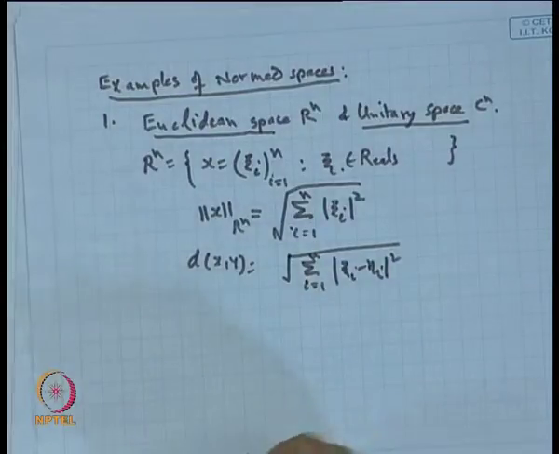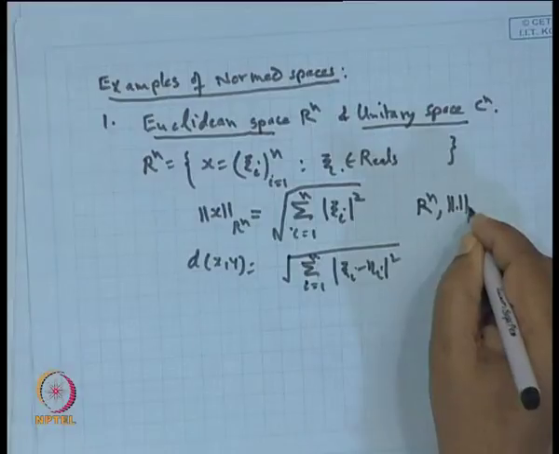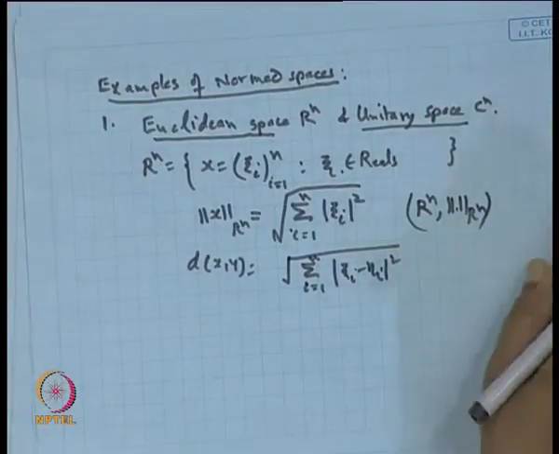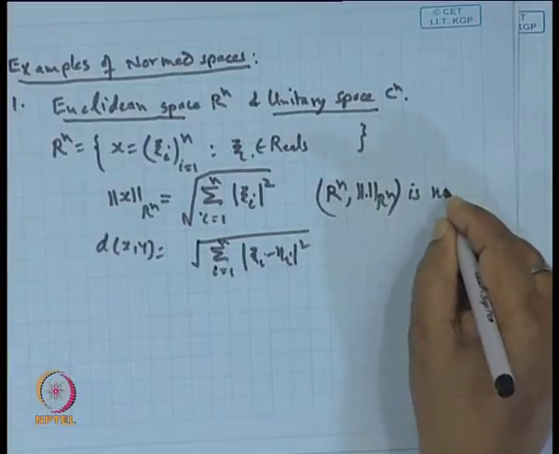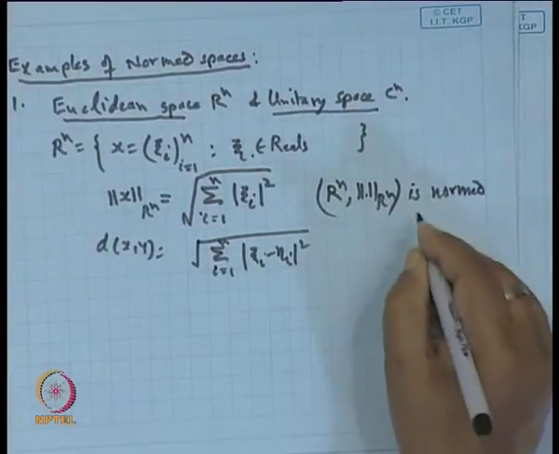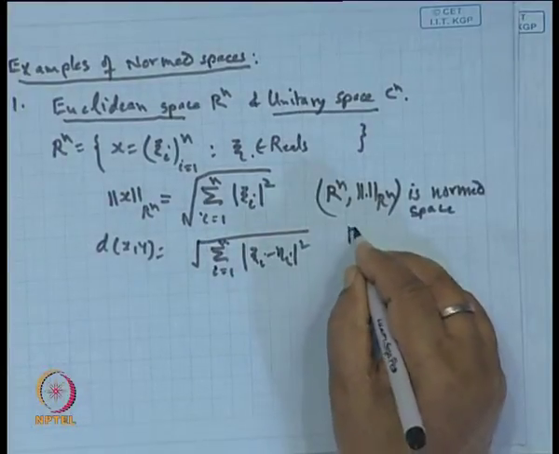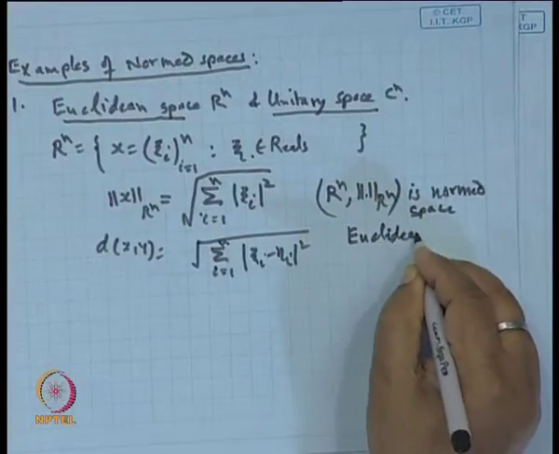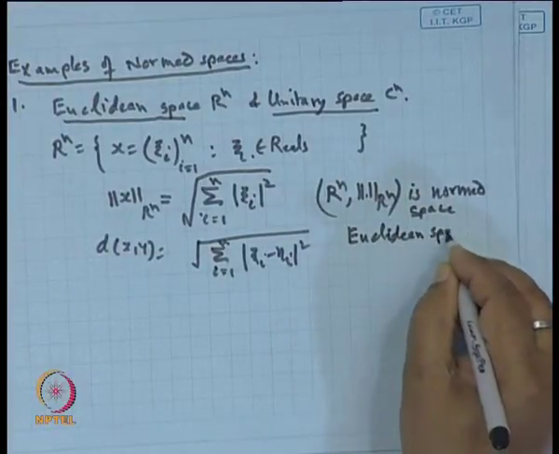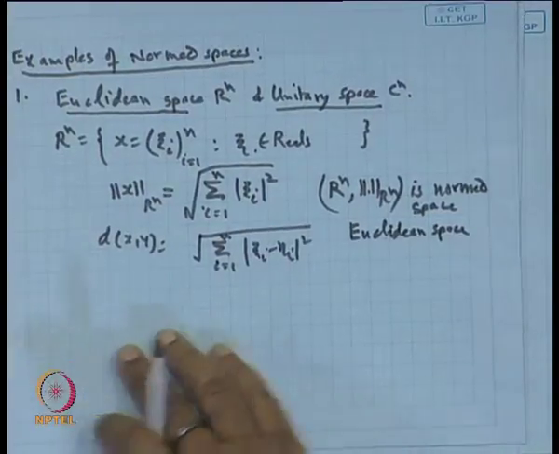And that is the metric. So, R^n with this norm is a norm space, and we call it the Euclidean norm space.